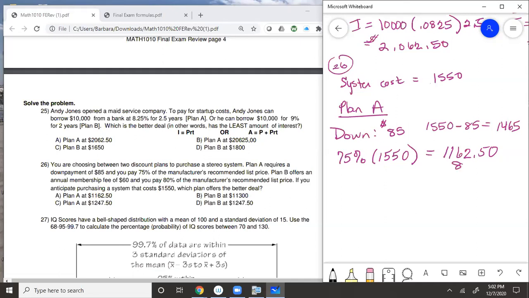I'm just putting in the total amount here. Okay. That comes out to 1247.50.